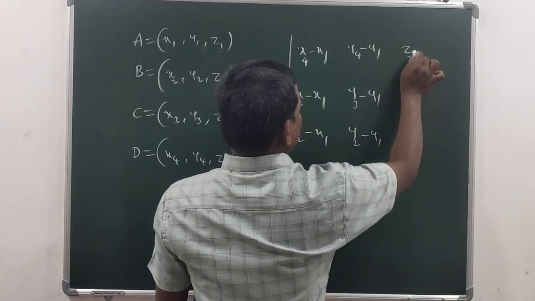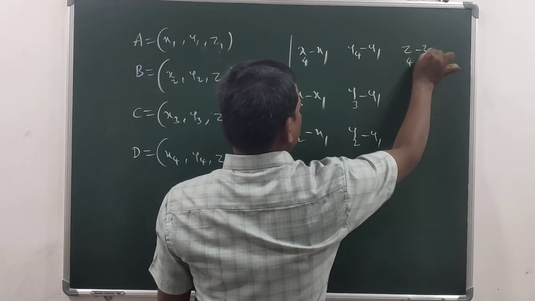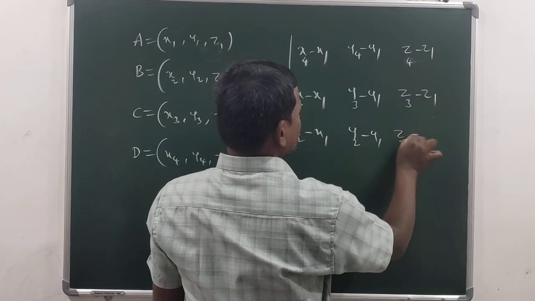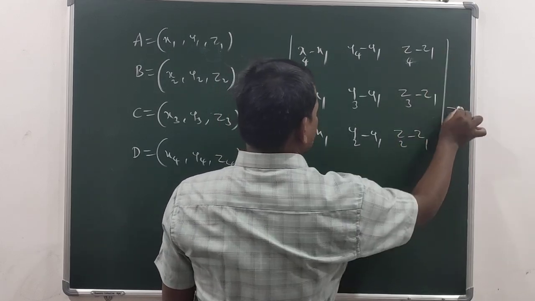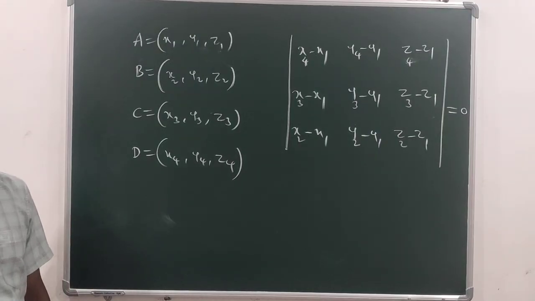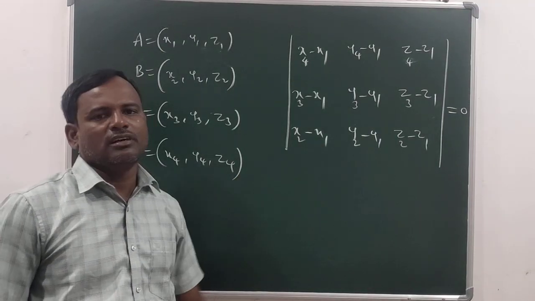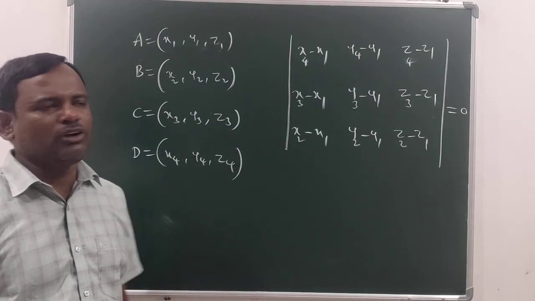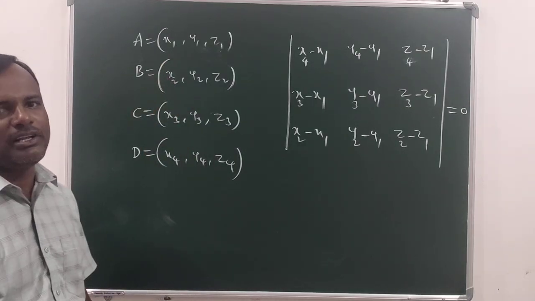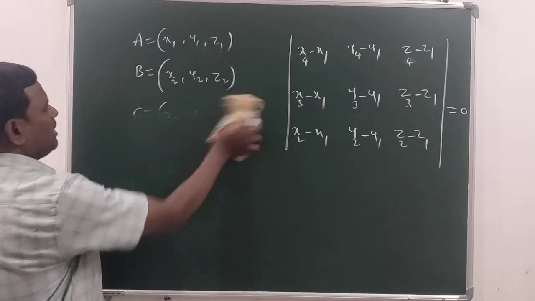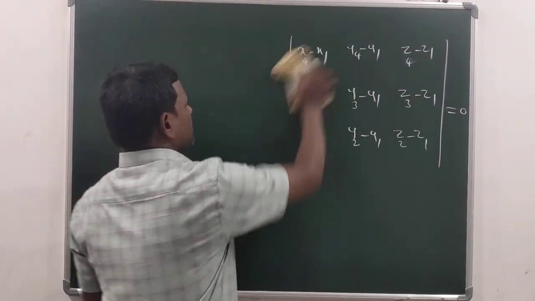Third column: z4 minus z1, z3 minus z1, z2 minus z1, which is equal to 0. So the determinant formed by this is equal to 0. When do you get the determinant equal to 0? Whenever these 4 points are coplanar. Okay students? Right.